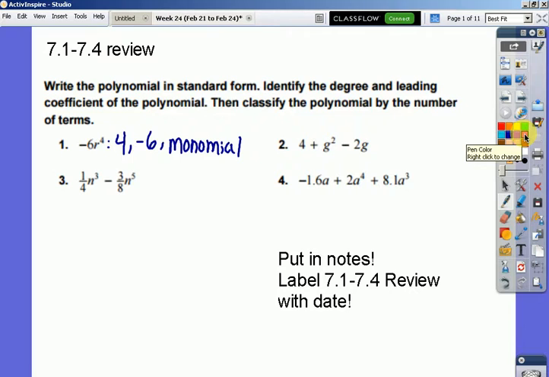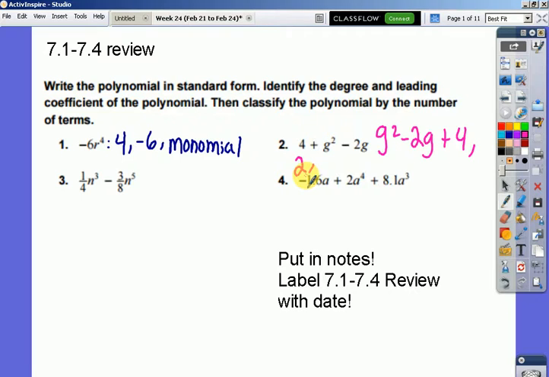Okay, so as you were saying on this one, g squared minus 2g plus 4. Okay, the degree is what? 2. Second degree. It's a quadratic or a function. Not necessarily a function, right? And then the leading coefficient would be 1.